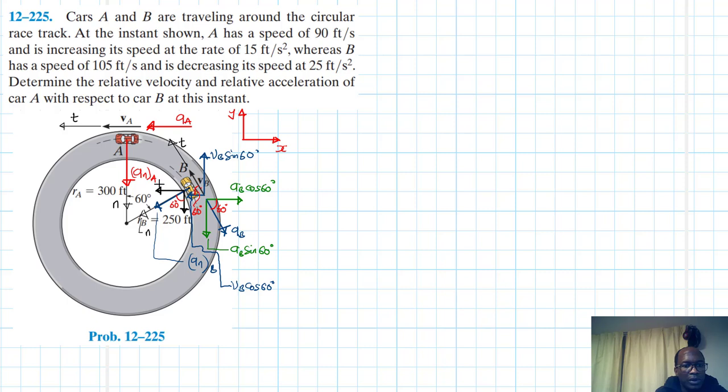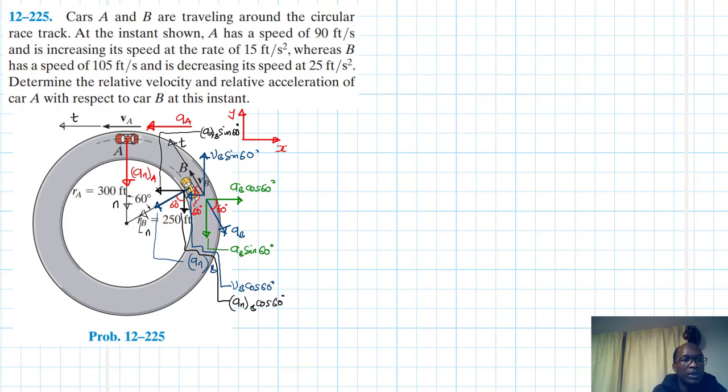Therefore this one is going to be equal to a_nB sin 60, and this one, which is a_nB cos 60. So we have everything now.